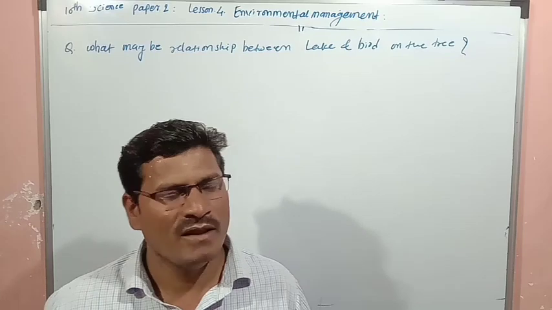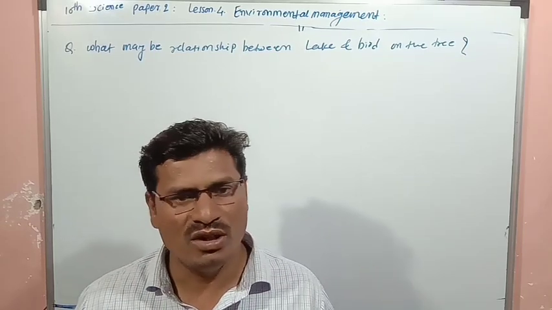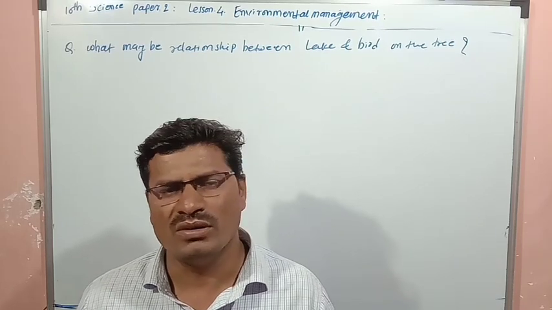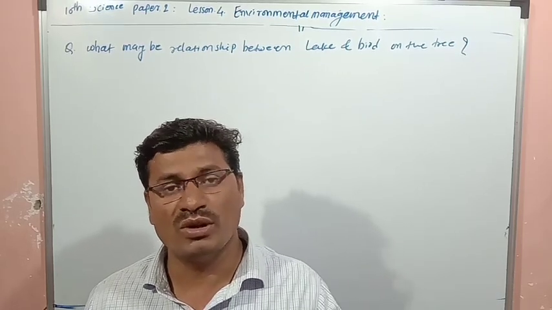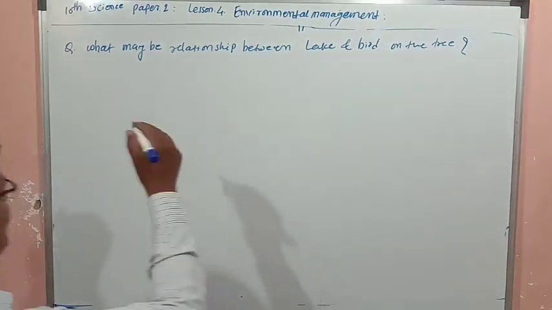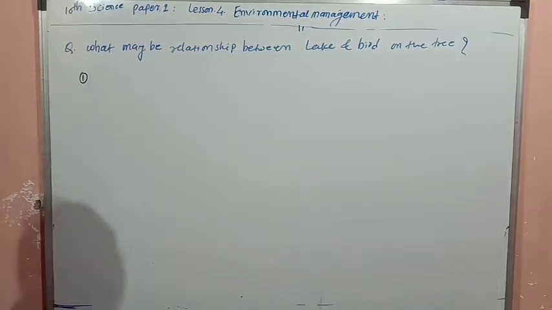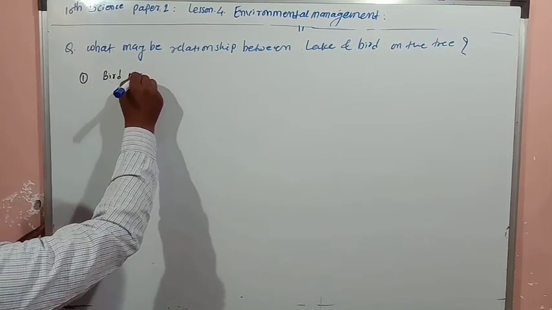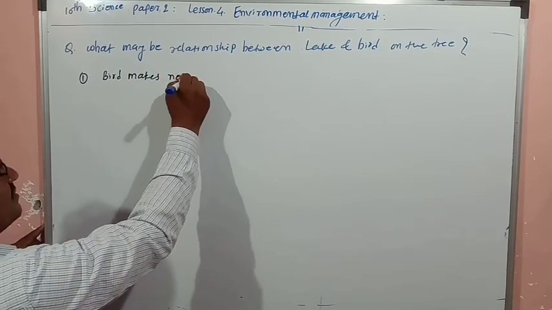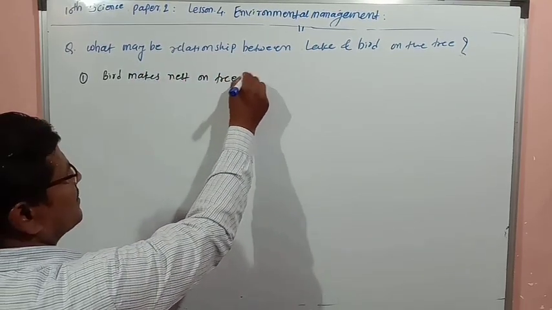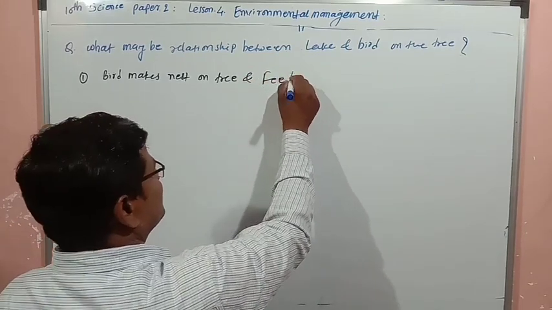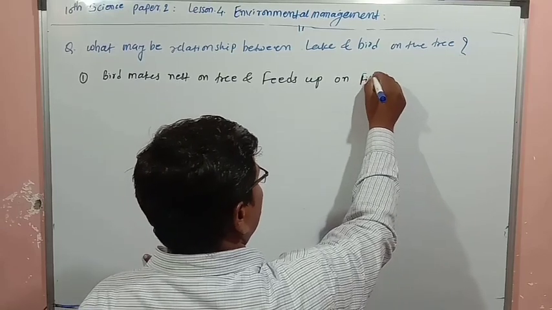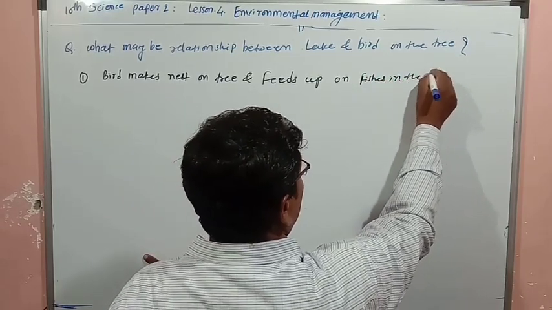From this we can conclude that one organism may be involved in two or more ecosystems. So the bird makes a nest on the tree and feeds upon fishes in the lake.